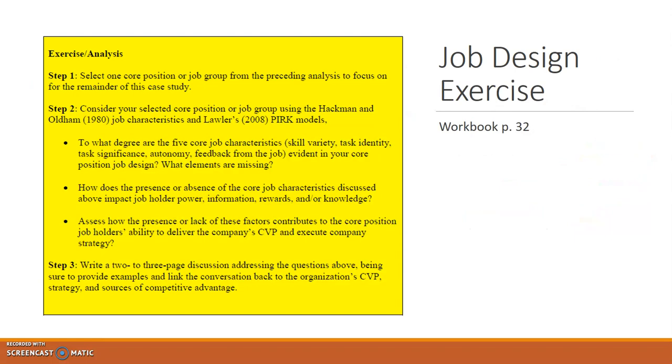Just like with identifying your core positions, there's a job design analysis exercise on page 32 of your case study workbook. First step is to select one core position or job group. So this is important: for all the core positions that you identified in the first table in case study part 2, you're just going to select one of those for the purposes of this case study assignment.